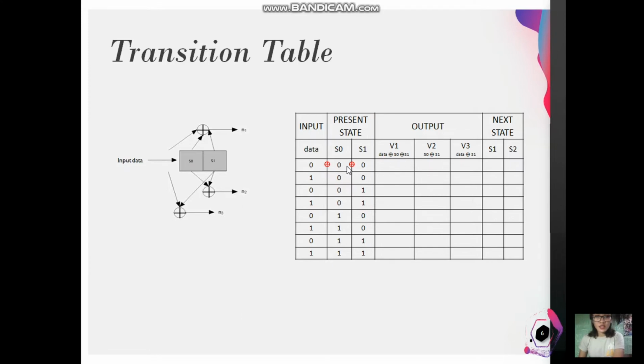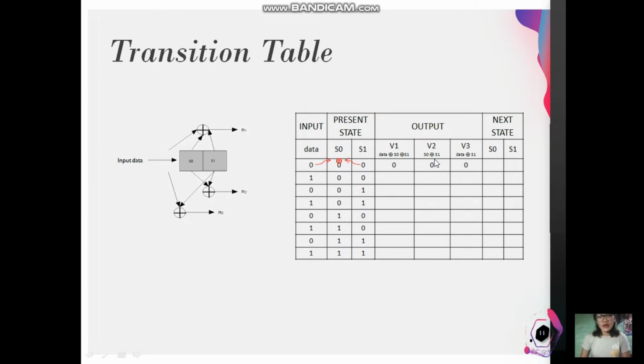So 0 XOR 0 XOR 0 is equal to 0. Next, what's our V2? V2 is S0 XOR S1. So we XOR 0 XOR 0, which is equal to 0. Now for V3, it is data XOR S1. So 0 XOR 0 is equal to 0.